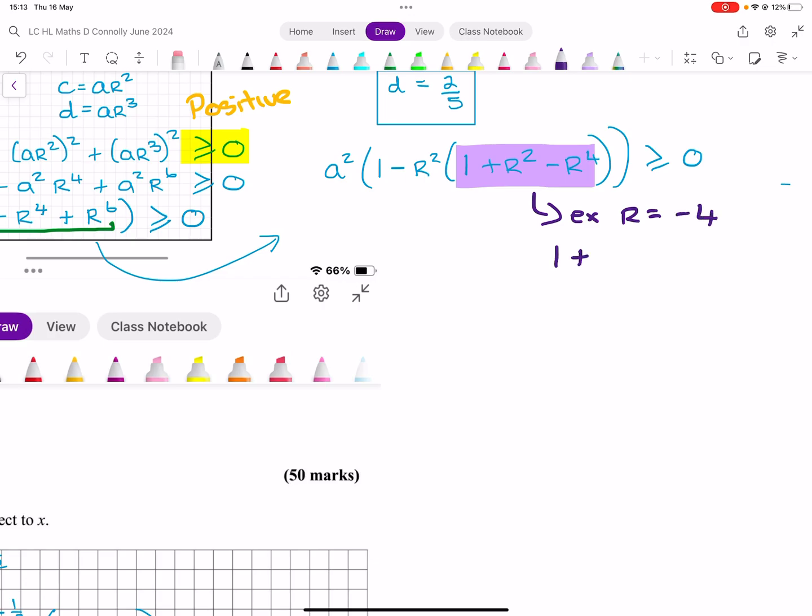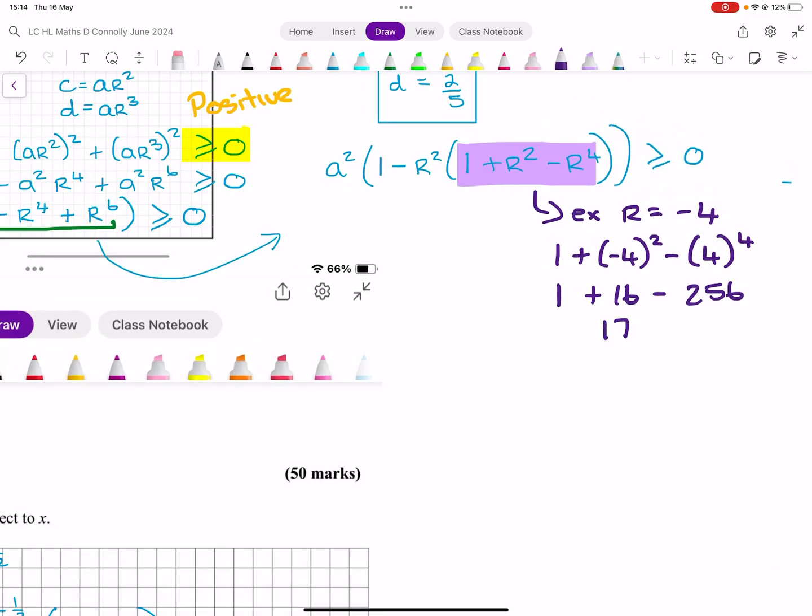This would be 1 plus minus 4 squared minus 4 to the power of 4, which would be 1 plus 16 minus 256. So that is 17 minus 256, which is minus 239. Okay, and I think no matter what you put in there, that bracket is always going to be negative.